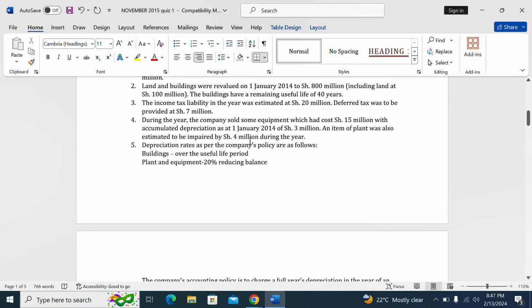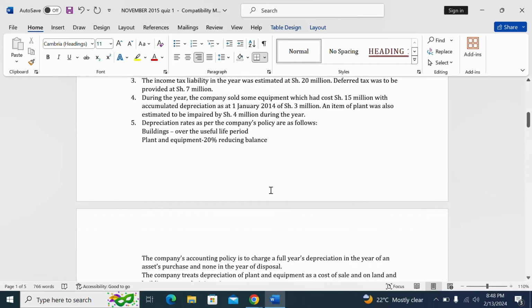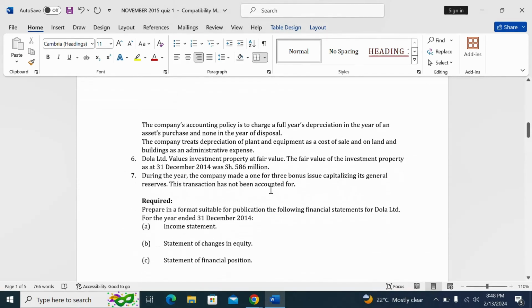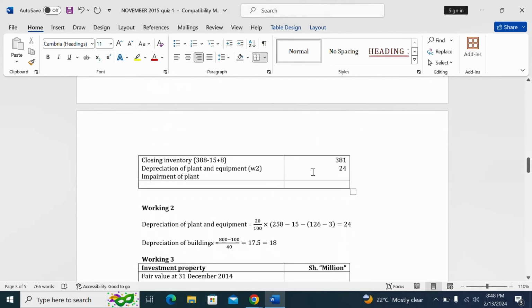Therefore, we are going to put this 4 million in the cost of sale because even the depreciation of plant and equipment, we are putting it at the cost of sale. Therefore, we add our impairment there. The impairment of plant, that is 4 million.